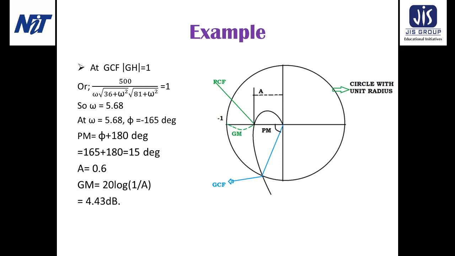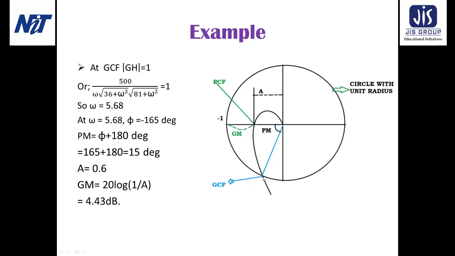So now we have to find the phase margin and the gain margin. Here this is the real axis and this is the imaginary axis, and I have considered a unit radius circle. This unit radius circle will cut the locus at this point, and as it is the unit radius circle, this blue line is the radius of this circle, and this is 1.